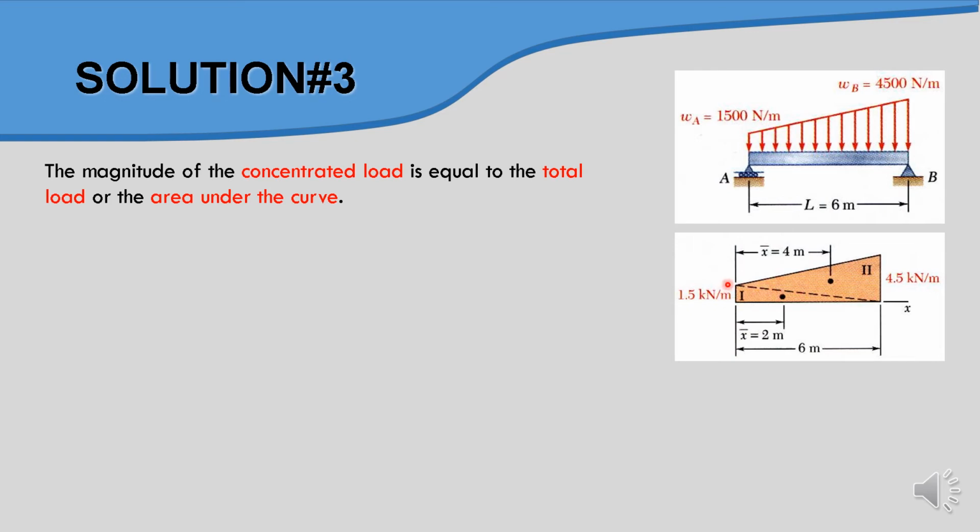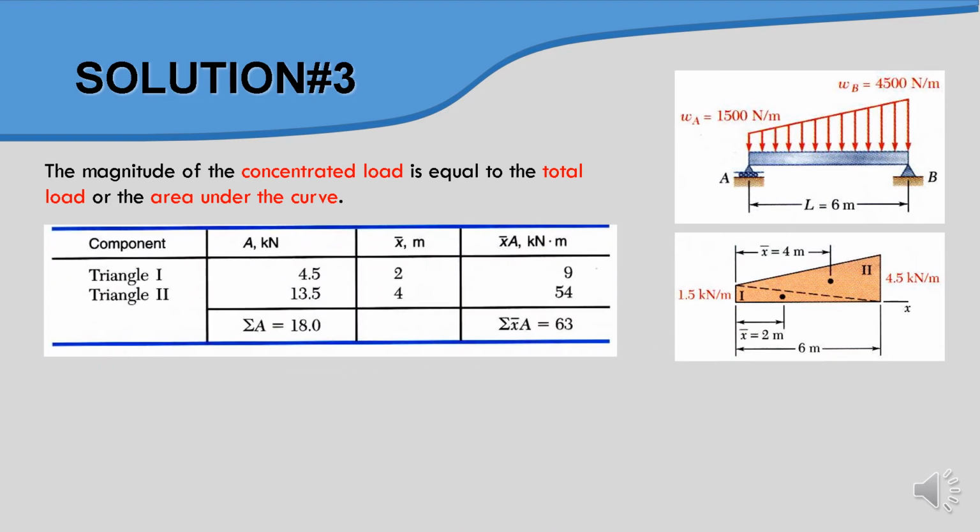The first one is something like this, and the second is something like this. You can also divide into a rectangle and a triangle, two shapes. One is the rectangle and the second one is the triangle. In this case we will use two triangles. We get the surface area of each triangle, total up, and then we get the value of the centroid, x bar, of the surface area.